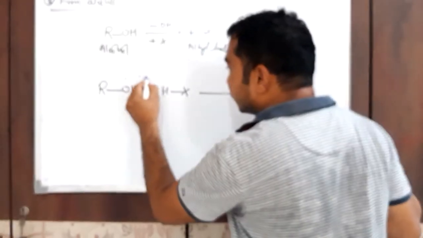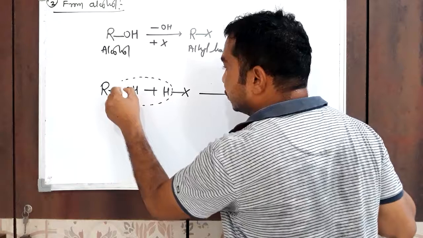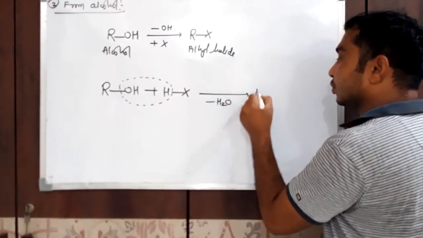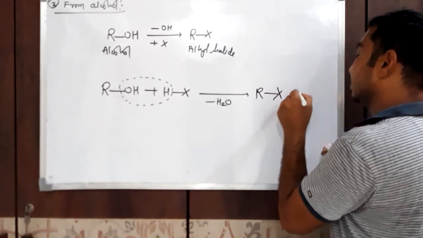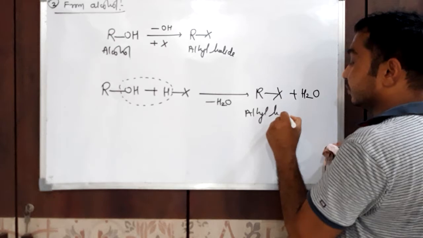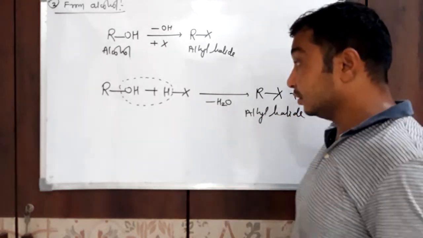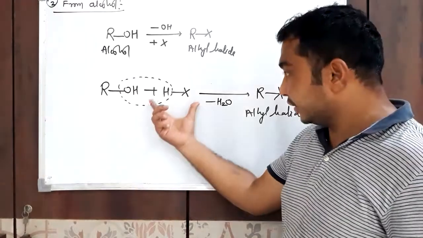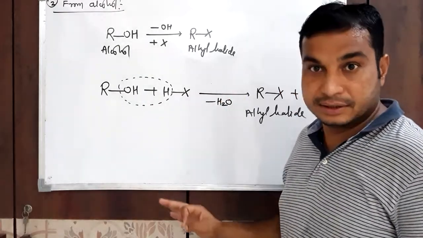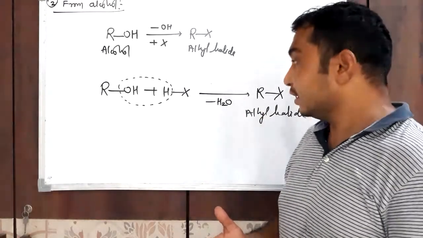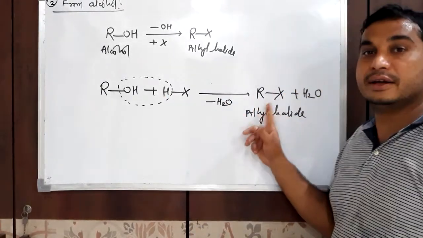Then we can simply write like this: remove water, H2O, and you will get RX plus H2O, that is alkyl halide. Very simple. In this reaction, alcohol is reacted with hydrogen chloride, hydrogen bromide, or hydrogen iodide, and then you will get the corresponding alkyl halide.